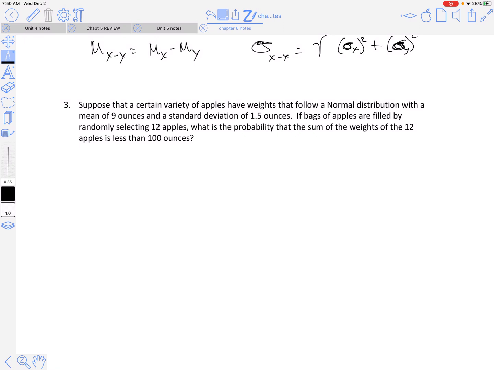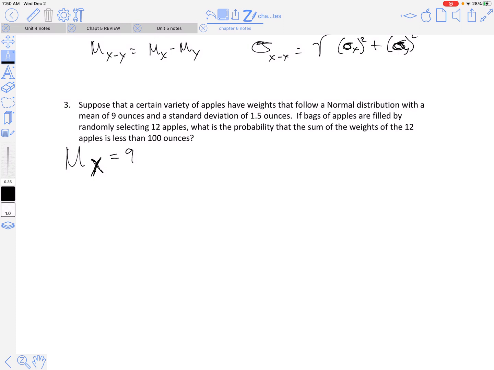All right, so this is a lot of stuff in one question. But we are going to add up 12 apples, right? The random variable would be all the apples in one bag. We know that the mean of our apples is 9, and we just learned that we can add means.